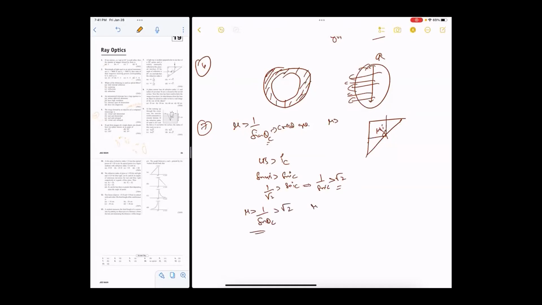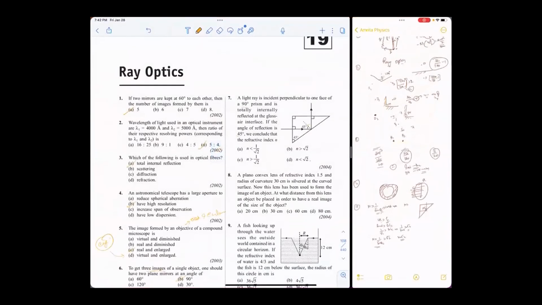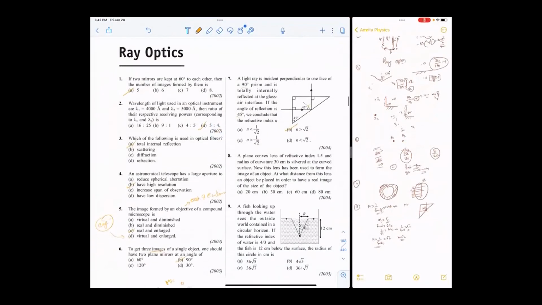So mu is greater than root 2. Are you able to understand? We know this condition: for 45 greater than the critical angle, only then do we have TIR. Just applied sine. Easy only. Just try to give the explanation of it. So mu is greater than root 2.